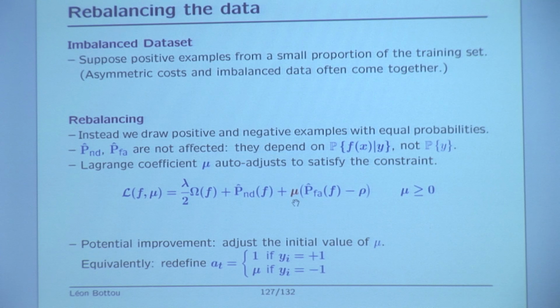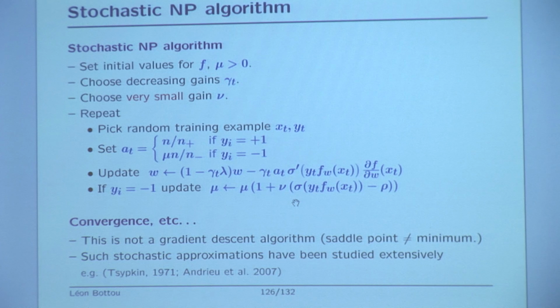Now you can make some improvements. You can change the initial value of mu to reflect that you modified it, or you can redefine the At and rebalance them so that you get a similar effect. But that's a detail. The important point is to understand that if you take this algorithm and present the positive and the negative with different proportions, so you oversample the positive and undersample the negative, it's not going to change the result. The only thing that changes is the mu that you're going to find at the end.